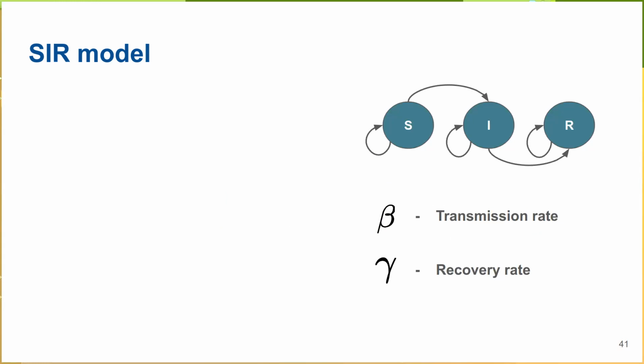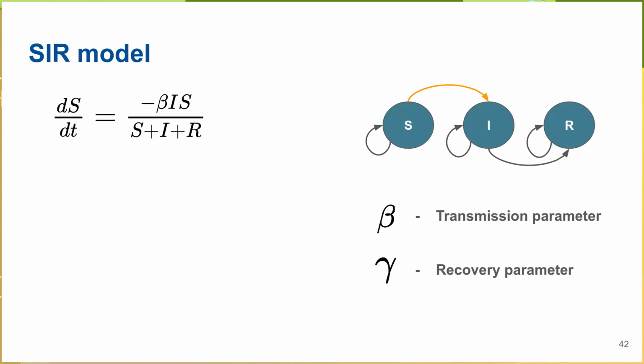So there are two important parameters in this model. The first one is called beta, that is the transmission rate. And the second one is gamma, that is the recovery rate. Basically, this transmission parameter beta determines how quickly people move from the susceptible to the infected. And this is why this model with differential equations has a negative sign, because people go out from the susceptible to be moved into the infected.